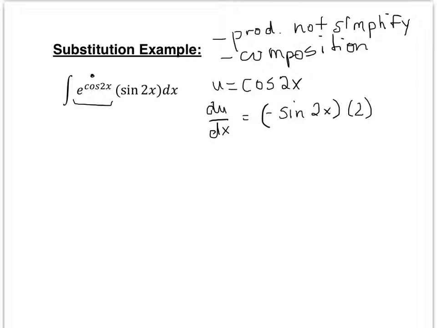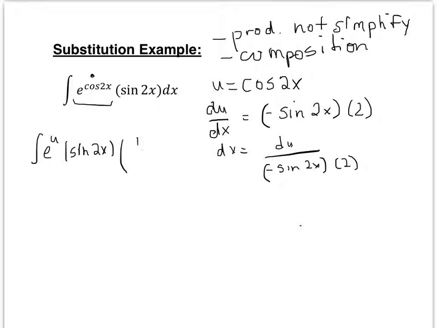Then I'm going to solve for dx. So dx is du divided by negative sine 2x times 2.